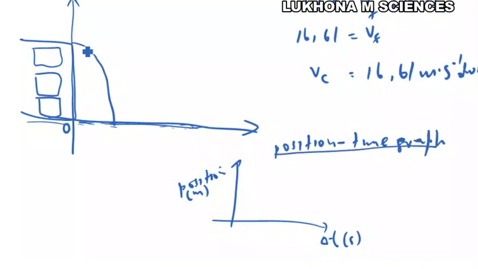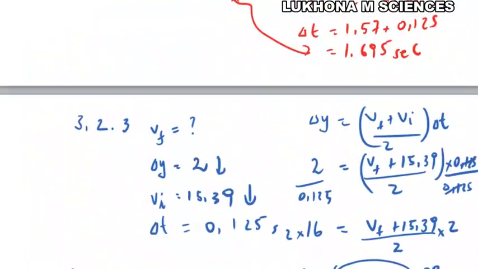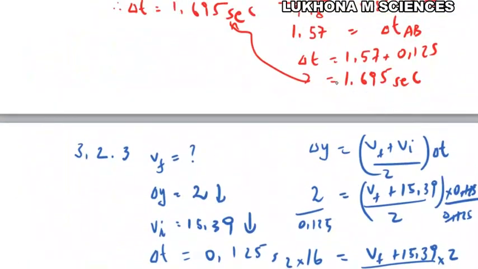Now you just copy that one, so which means our graph will be like this. Then here we have 0. Then we need the time it takes from here to here. The time is already calculated. The time was 1,695.